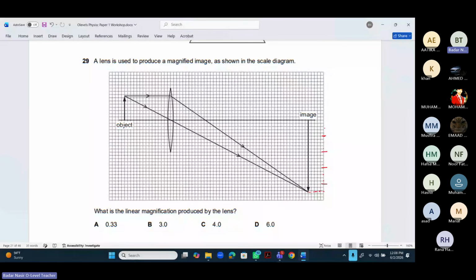So 1, 2, 3, 4, 4.5 सेंटीमीटर। इमेज की हाइट है 4.5 सेंटीमीटर और ऑब्जेक्ट की हाइट है 2, 4, 5 और वही 1, 1.2, 1.5। सो इसकी है 1.5, तो 4.5 over 1.5 and that is 3. So magnification factor is 3 for this.